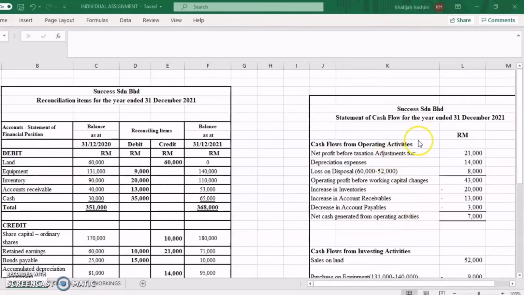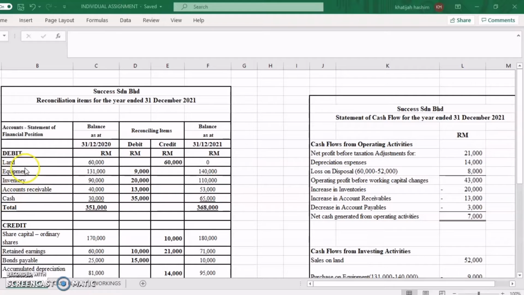Now we proceed to the worksheet for the reconciliation items. This worksheet shows the beginning balance, which is 31st December 2020, and the ending balance, which is 31st December 2021.